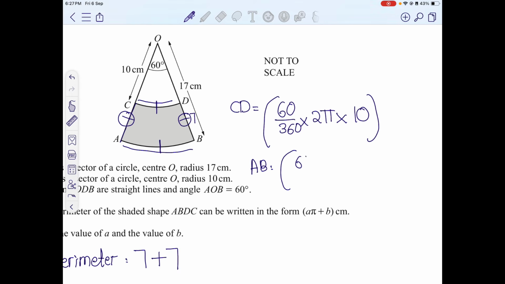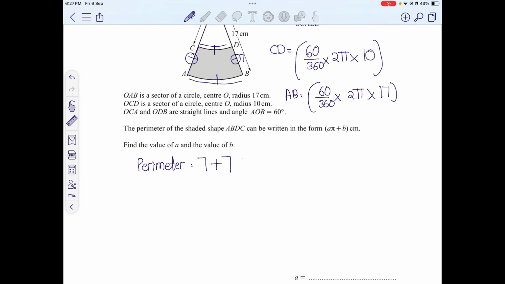The angle would be the same, 60 over 360 into 2 pi, the only thing that changes is the radius. I would simply copy this down here so I can use it in a calculator directly. 60 over 360 into 2 pi into 10, plus 60 over 360 into 2 pi into 17.